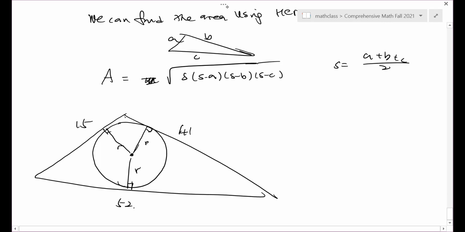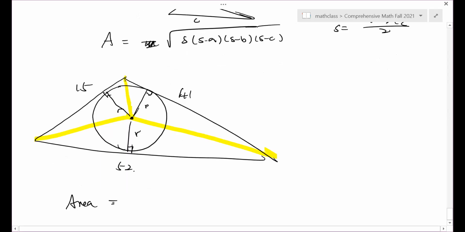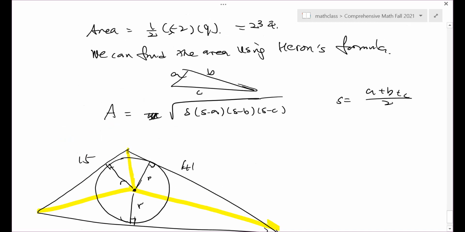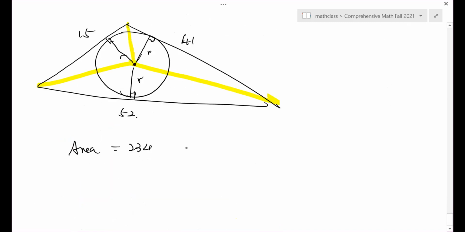Let me draw the three triangles. The area of the triangle we already found out, right? 234. This also gives the area of each small triangle.